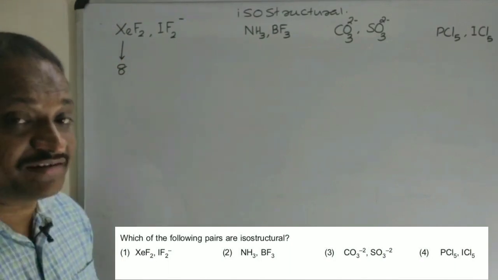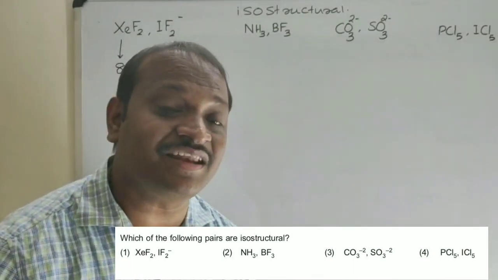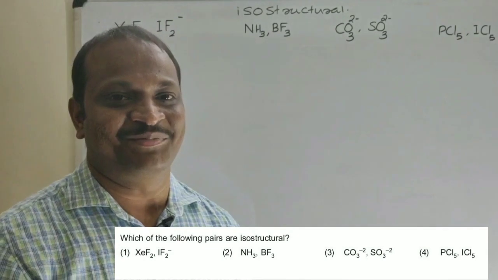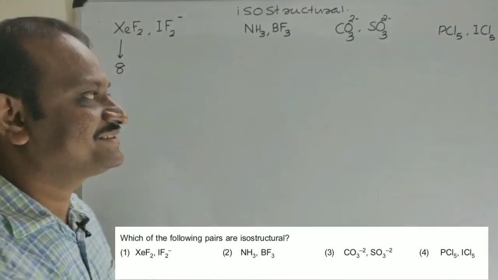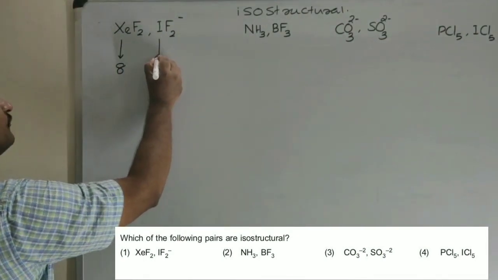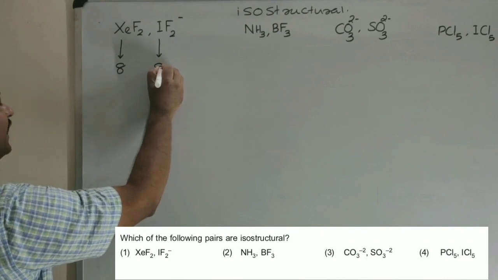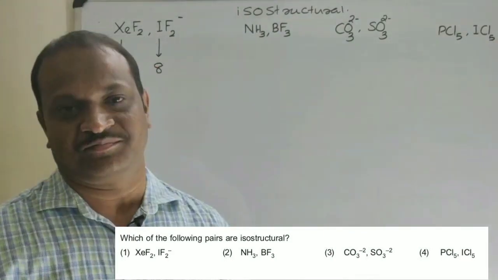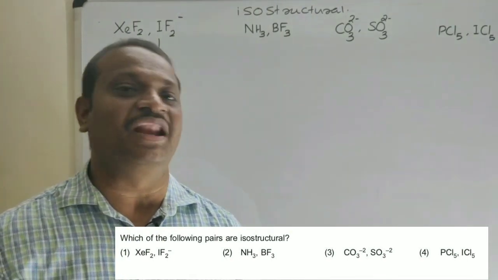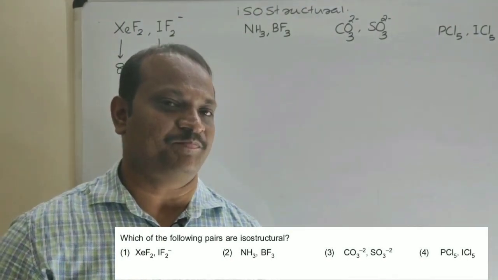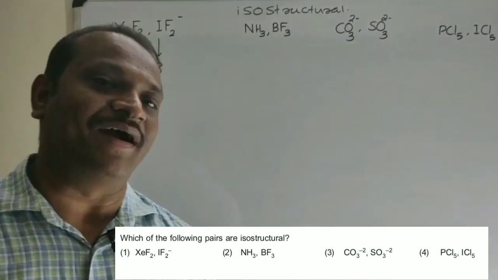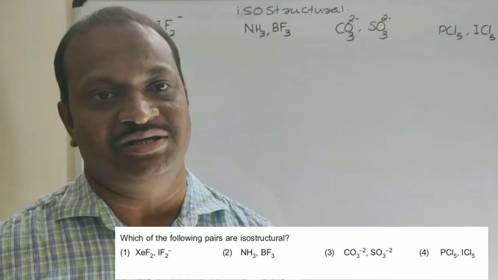And I minus: how many valence electrons? Iodine normally has 7, but one more excess electron means 8. So in the first case, you have the same number of electrons. If they have the same number of electrons, they have the same geometry. Take the point once again: no need to find out the geometry of these compounds.